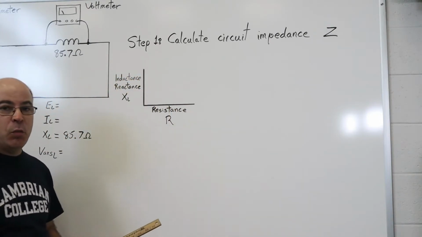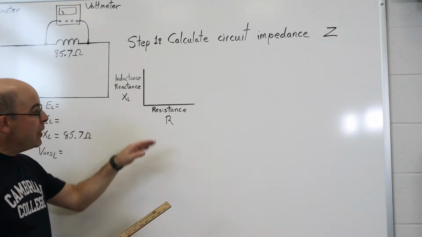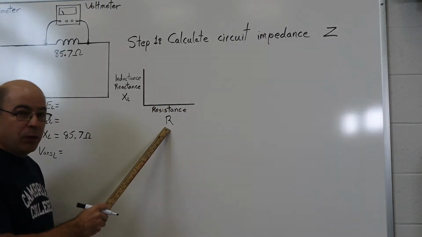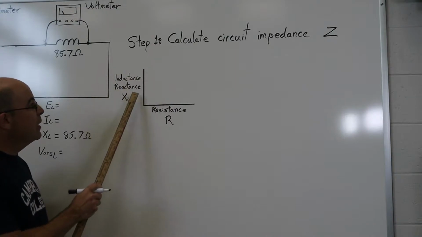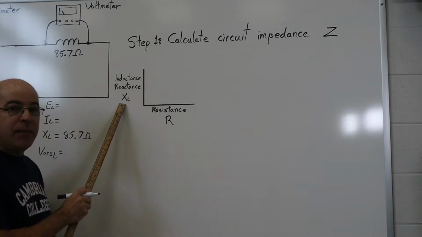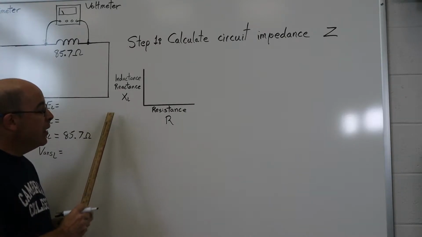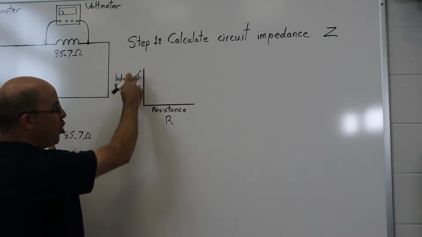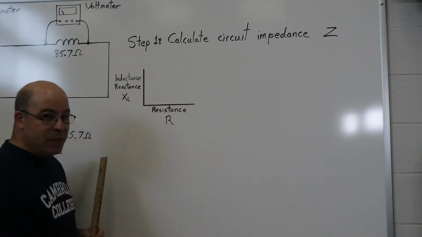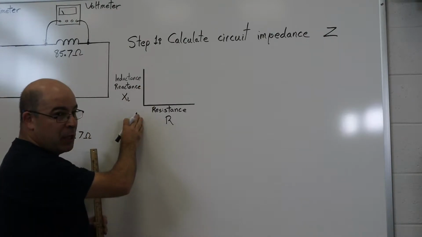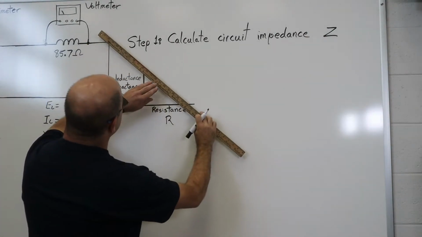When we look at the relationship inside of the circuit, we have two components. One is resistance, denoted by the letter R, and one is inductive reactance coming from the inductor, identified by X sub L. Now, if resistance and inductive reactance are 90 degrees out of phase with one another, then that means we can use trigonometry and the hypotenuse.